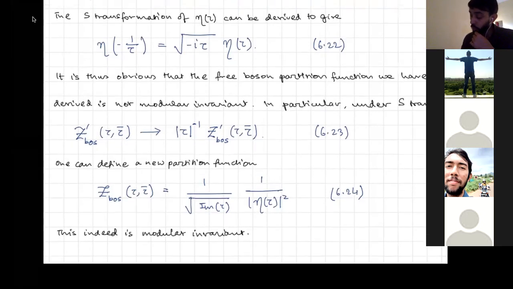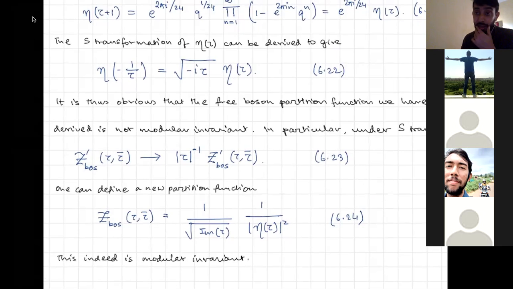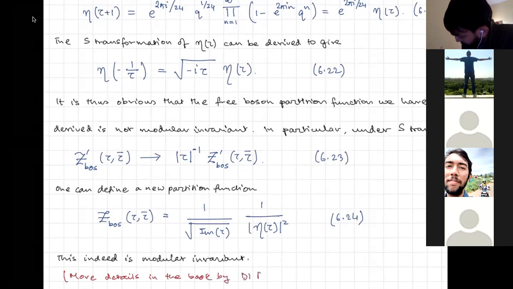And for those of you who are interested, again, I recommend that you look at the big fat book. So maybe let me just write down more details in the book by Di Francesco.